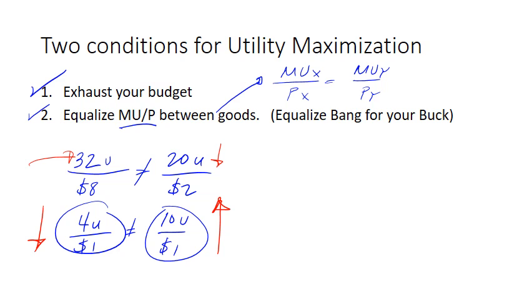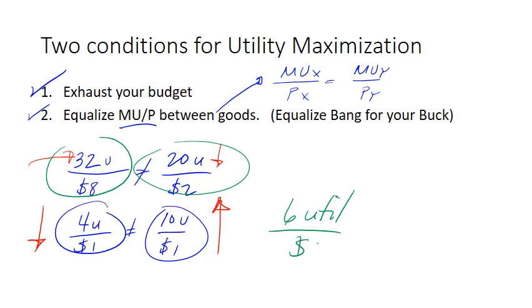Okay? Of course, if these numbers over here on the left are on the rise, while these numbers over here on the right are on the fall, eventually you're going to end up somewhere in the middle where they're going to equalize. So let's say that you finally get to a spot where maybe it's 6 utils per dollar for each good.